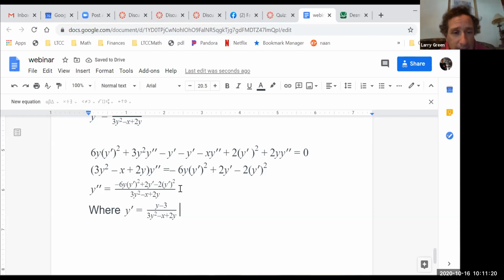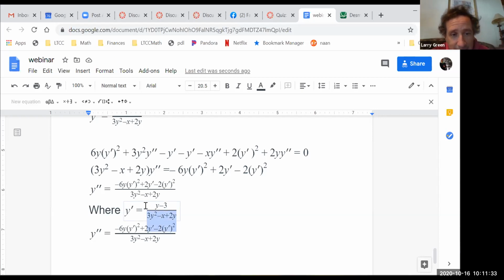And if you want, maybe I'll do it because it's not too bad. It's not too good either. These get messy, as you're seeing. Everywhere I see a y prime, what I have is this y minus 3 over the mess.